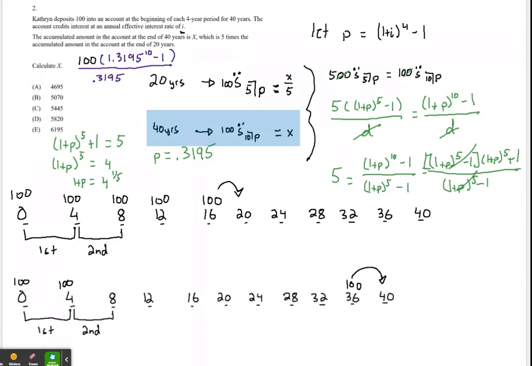I'm aware you could use a financial calculator for that, but it's really not too bad to just put all this in there. So let's go ahead and do that. 1.3195 to the 10th power minus 1, divided by 0.3195, multiplied by 100, and we get 4,694.53, which is this answer right here.